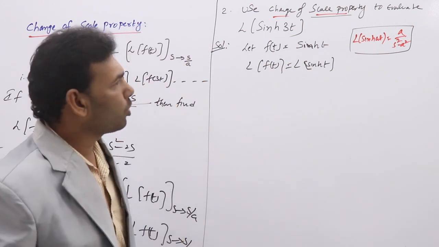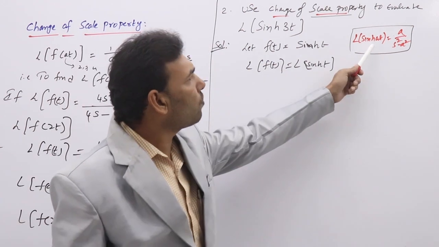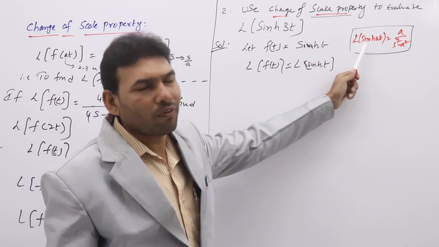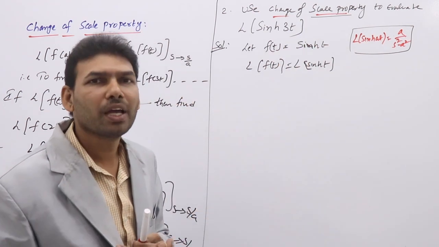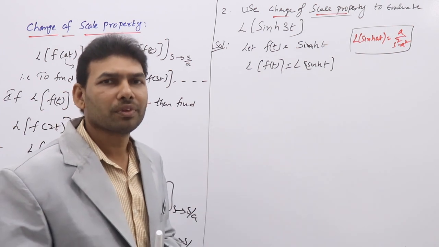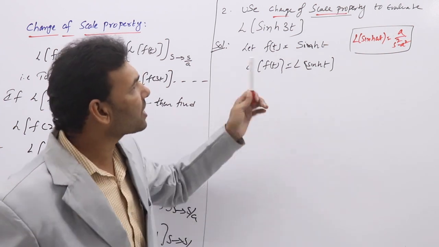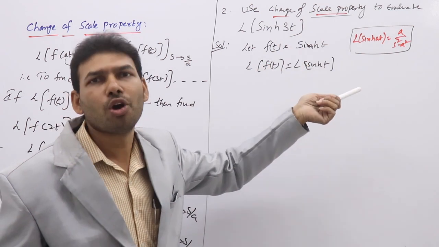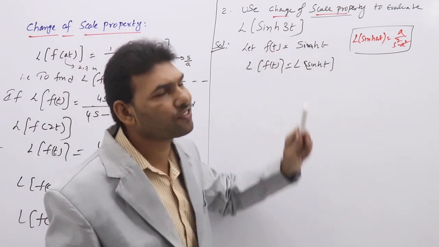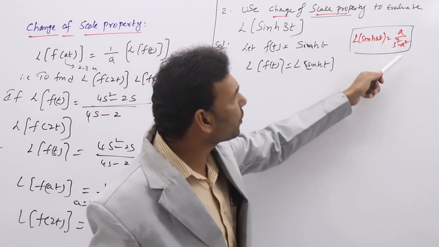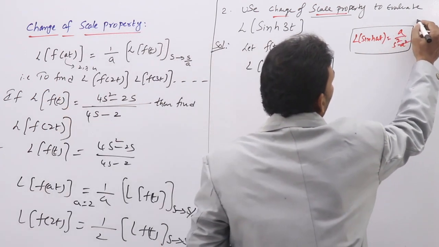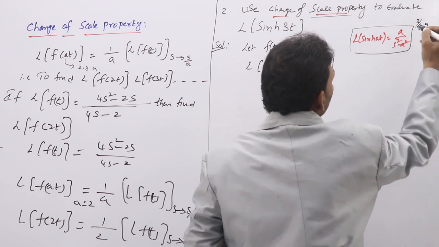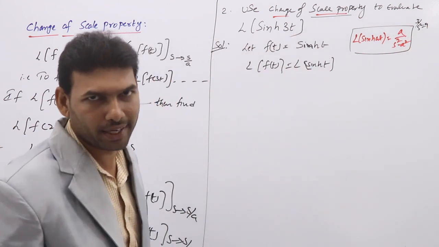You may have one doubt: when we have the formula, what is the need to apply change of scale property? Here, indirectly the question is asking us to prove the value of L of sin h3t using change of scale property. Using this formula, you can say L of sin h3t is 3 by s square minus 3 square, that is 9. That is the answer we have to get now.